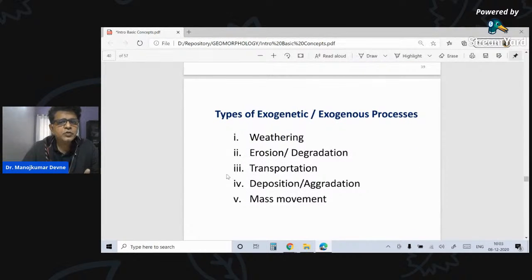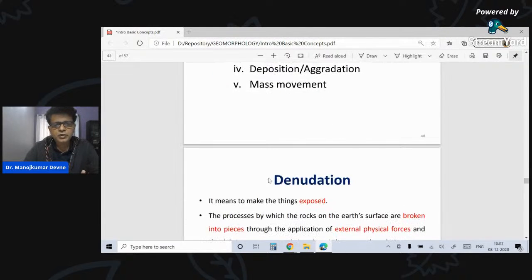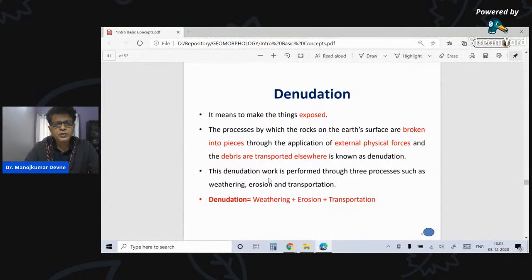Types of exogenic processes include weathering. I would take this aspect, mass movement, up to number 2, and then I would speak about erosion, degradation, transportation, and deposition. All of this put together is called denudational process. Okay, here is what denudation means.